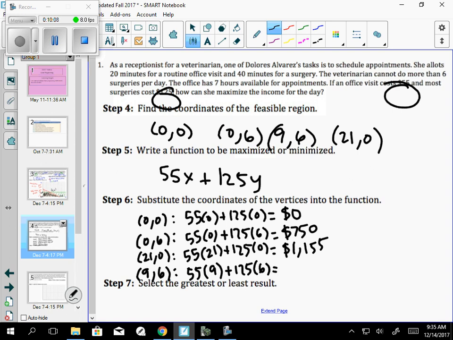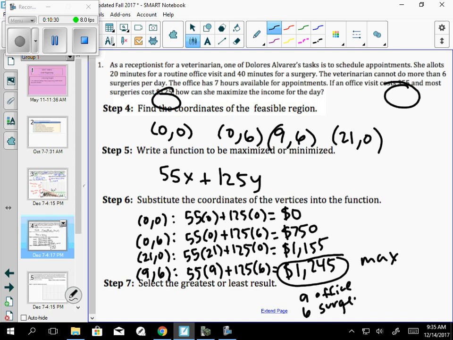Add those two numbers together, and this one actually ends up being our greatest value. She can make $1,245. So since that's the max, that would be our answer for the problem. And she can do that by doing 9 office visits and 6 surgeries. So that would be our answer for step 7.